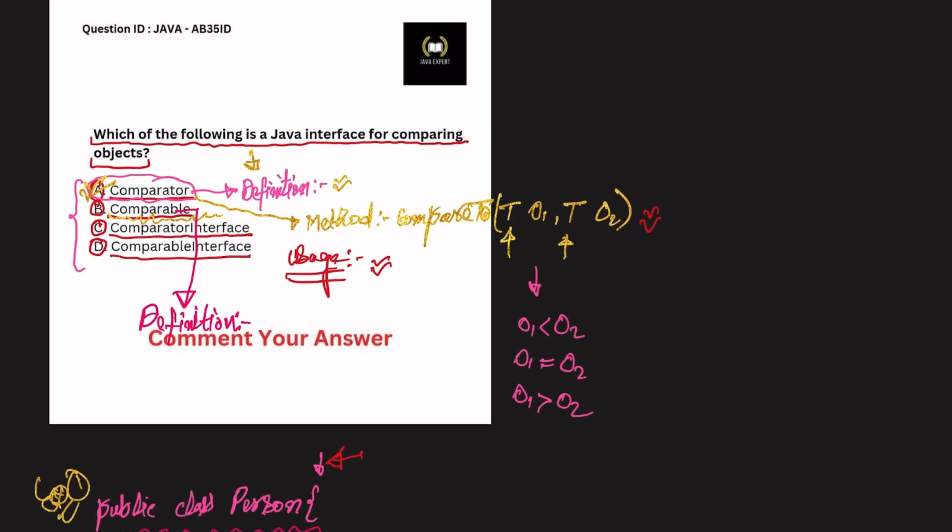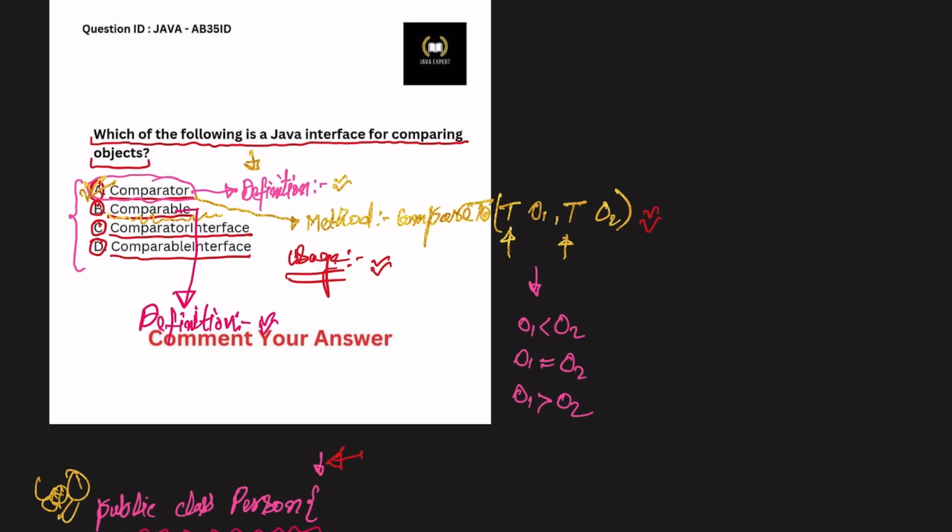Comparable is another interface in Java used to define the natural ordering of objects of a class. It allows you to impose an order on the instances of a class by implementing a single compareTo method. So now I got the idea of comparable with the help of definition.